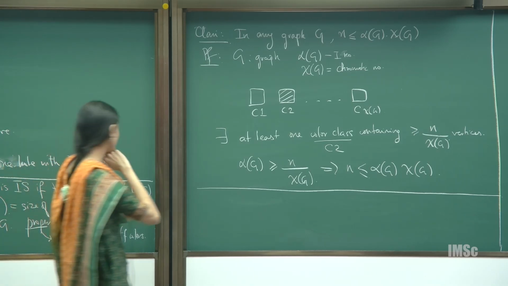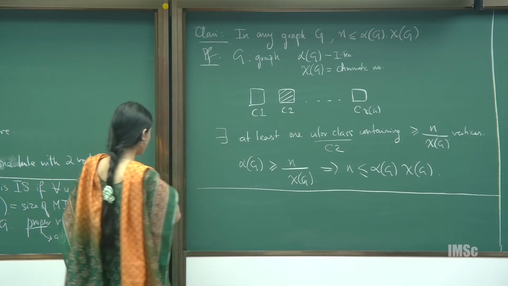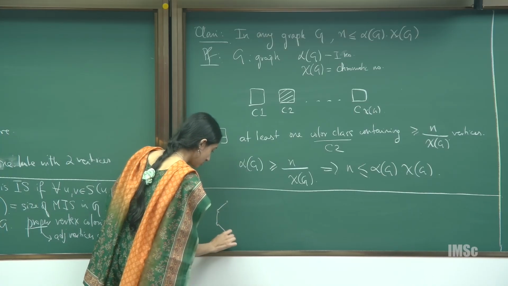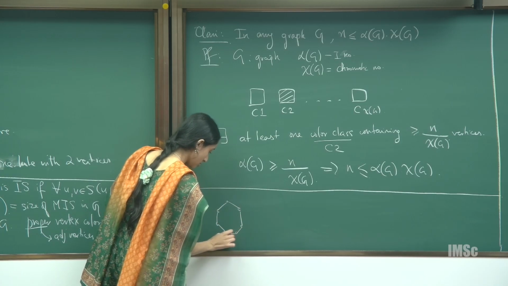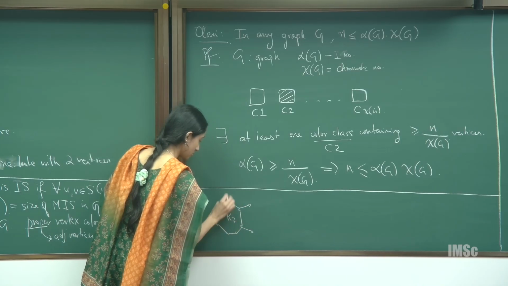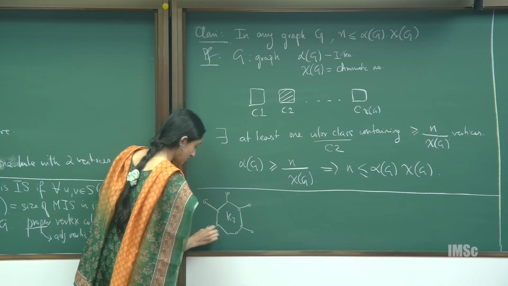How far can this gap be made? Maybe we should try and take this example. There are 7 vertices. So this is K7, and then there are some rays.